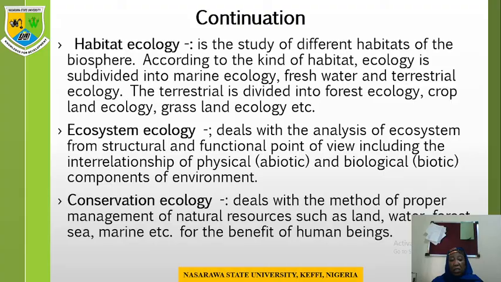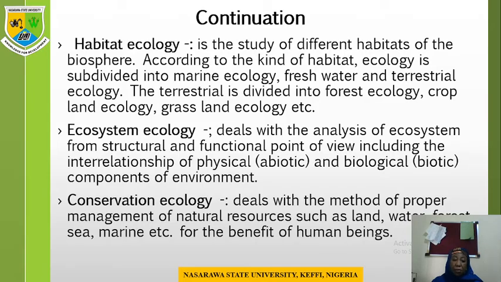Then the next one is conservation ecology. Conservation ecology deals with the method of proper management of natural resources, such as land, water, forest, sea, marine, etc., for the benefit of human beings. This conservation can be either in the farmland or with a water body, like dams.